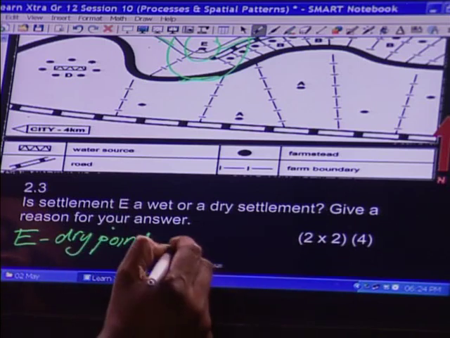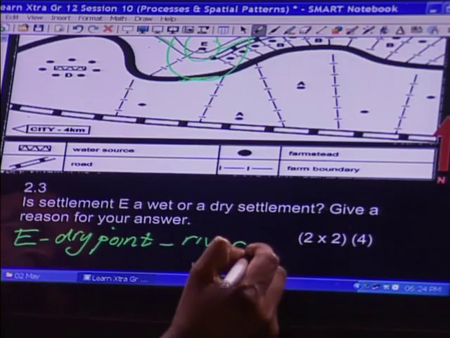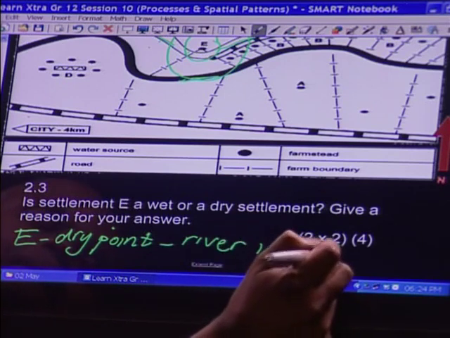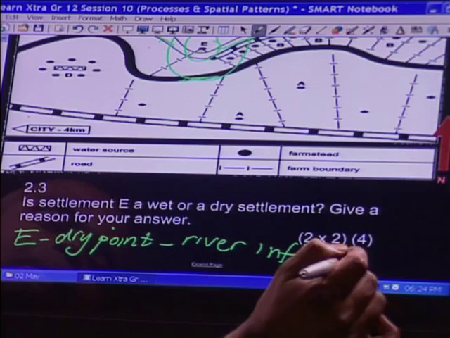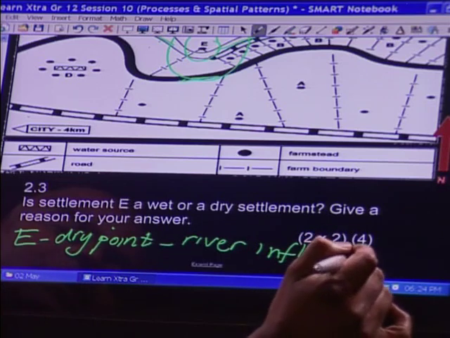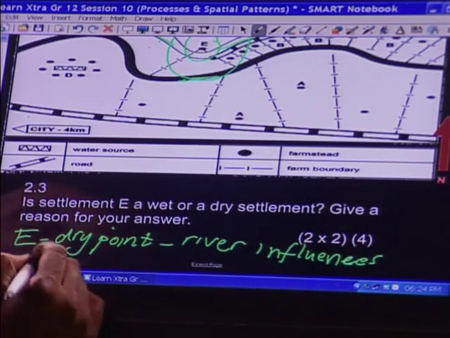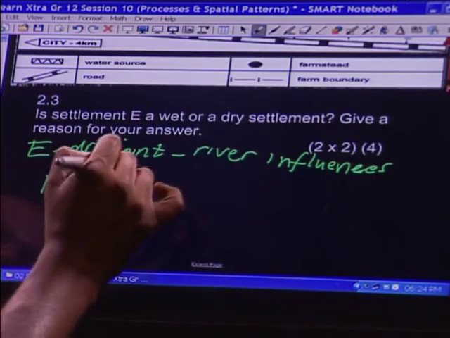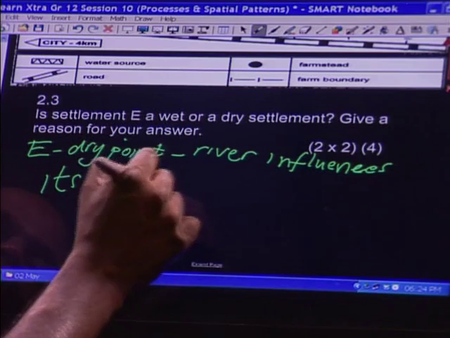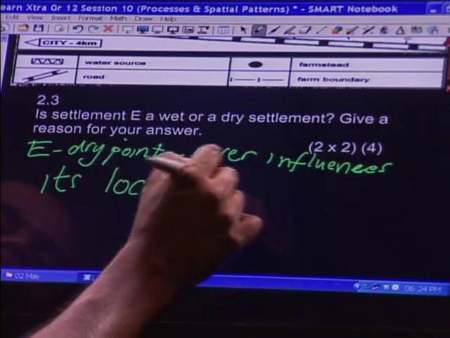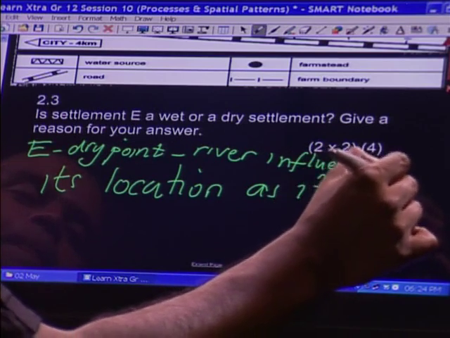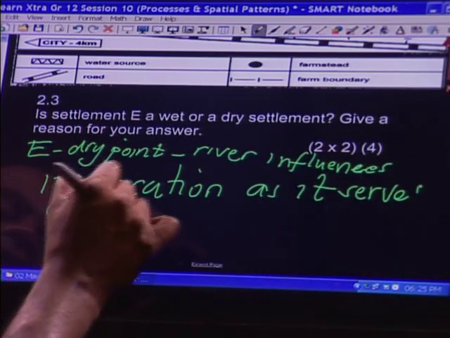And remember, the river influences its location as it serves as a threat.